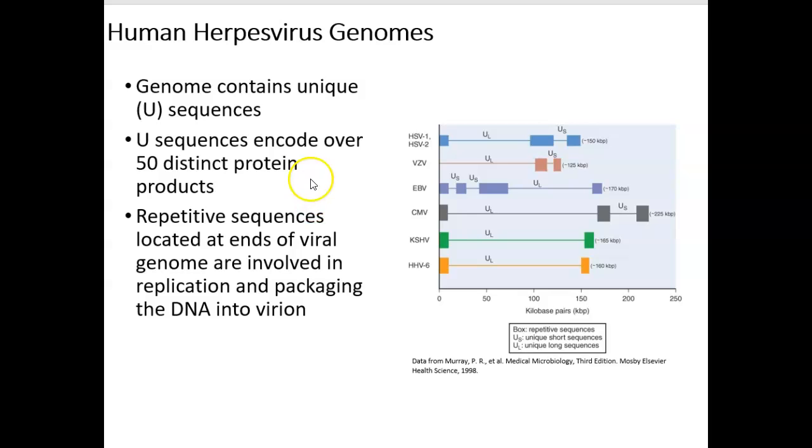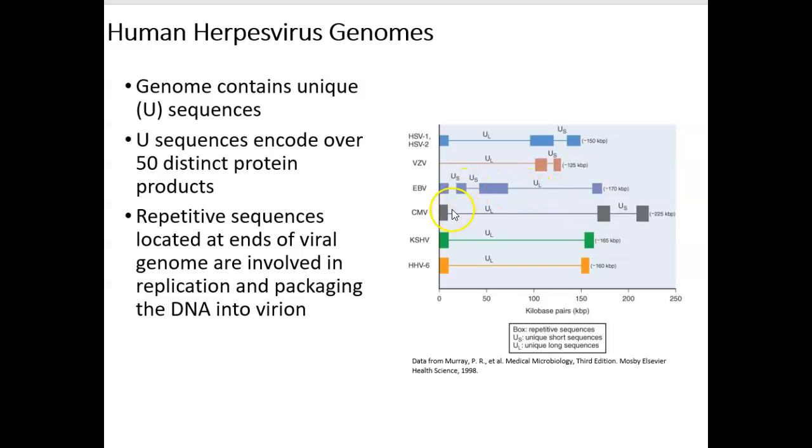What this figure is showing you is in the dark boxes, you've got your essential genes for DNA replication and assembly and so forth. And then in the unique regions, you're going to have genes that help determine the cellular tropism, and genes that help antagonize the immune system.